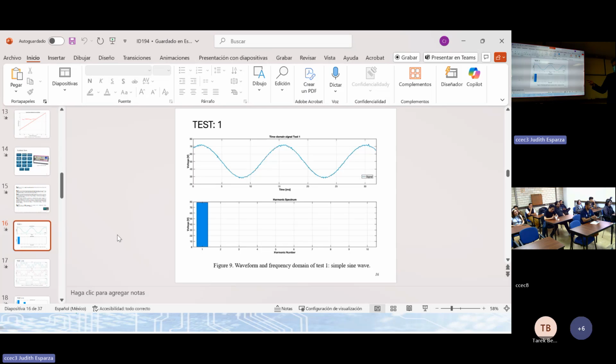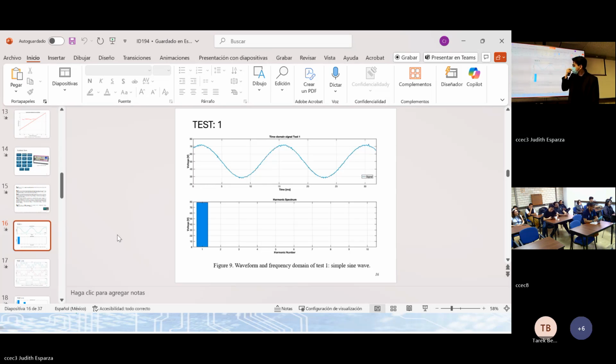I need the magnitude at this one specific frequency. For example, the magnitude at frequency number 1, 1,016 hertz, is 18 volts.